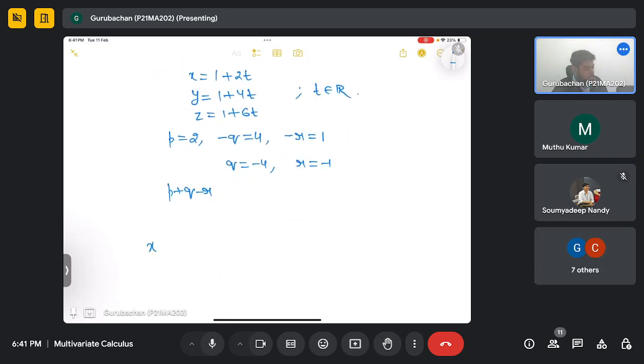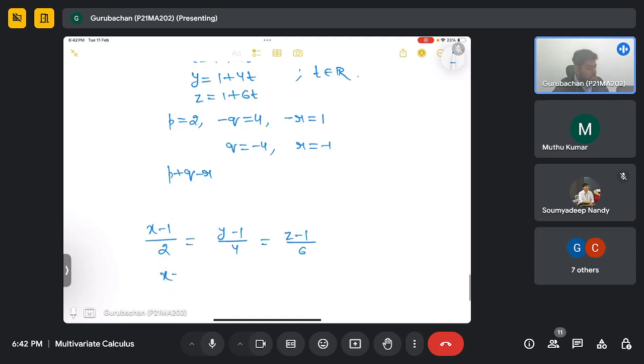Suppose x minus 1 is the equation of the normal line. We can write it like that: (x minus 1) divided by 1, (y minus 1) divided by 2, (z minus 1) divided by 3. Take it as some lambda parameter.